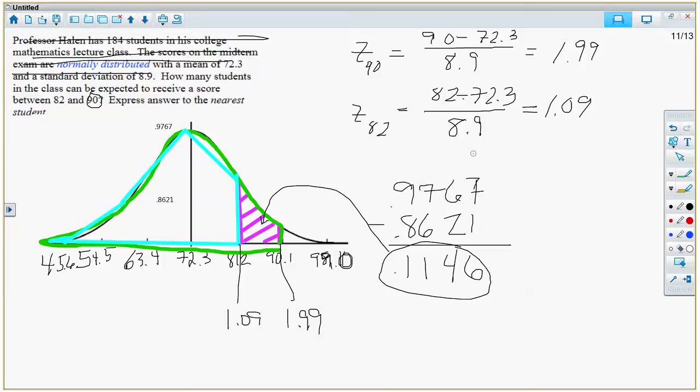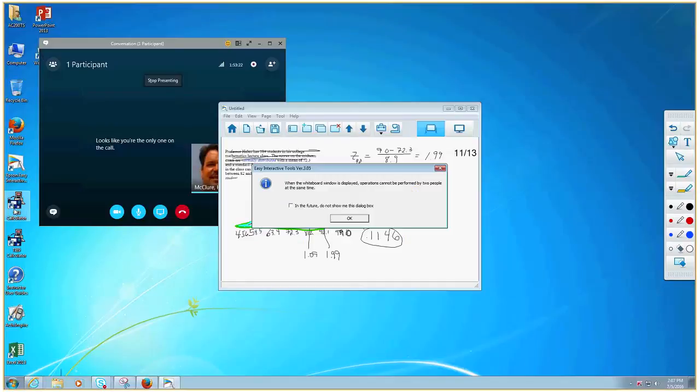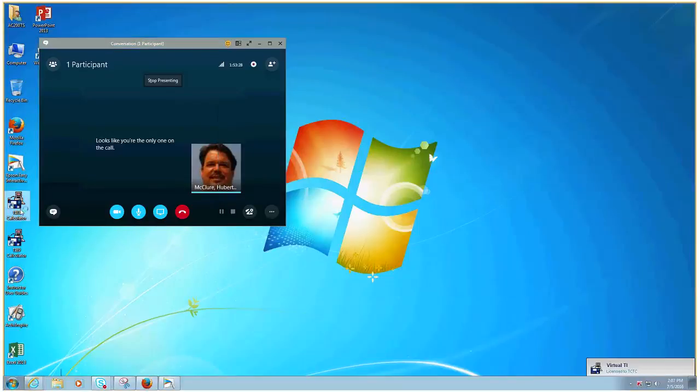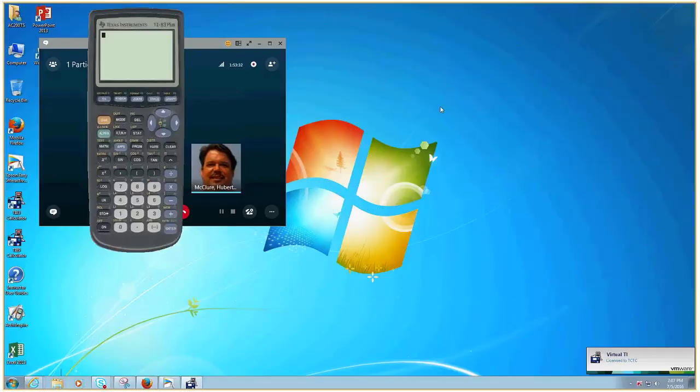All right, now get your calculators out. You're going to love this. Take your handy dandy calculator. And all you got to know is z-scores.